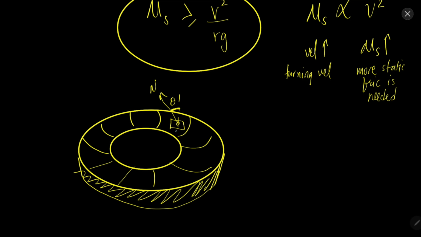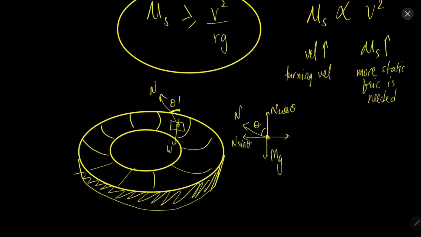The weight is obviously always downward. So the free body diagram looks like this: this is n, this is theta, this is mg. This force has components n cos theta and n sin theta. The side with the theta component gives the cos component, and the other side will be the sine component.